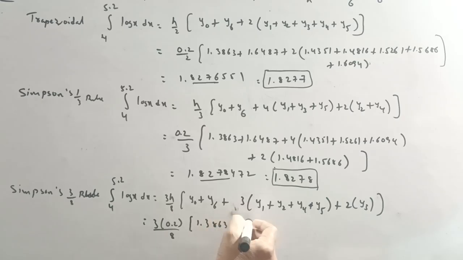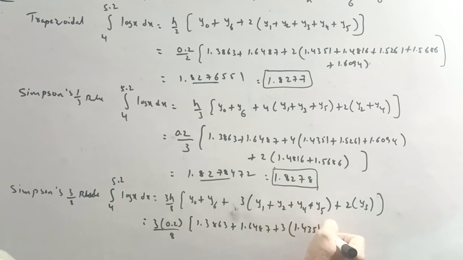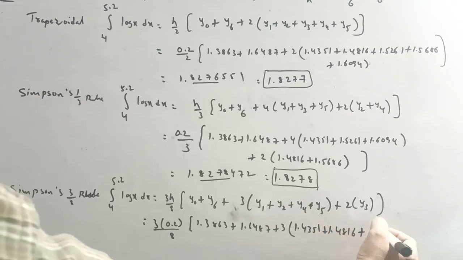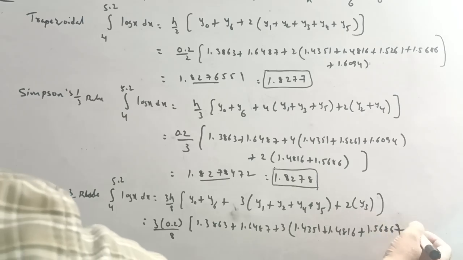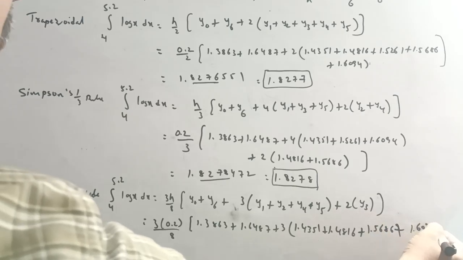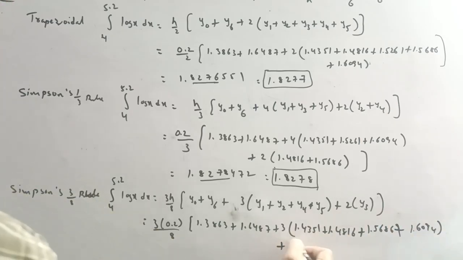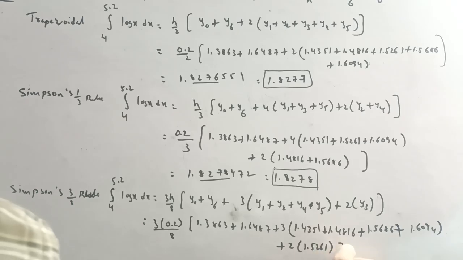What is our y6 value? 1.6487, plus 3 into y1, which is 1.4351, y2 is 1.4816, y4 is 1.5686, y5 is 1.6094, plus 2 into y3, which is 1.5261.